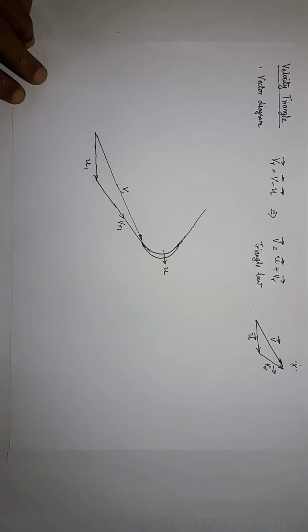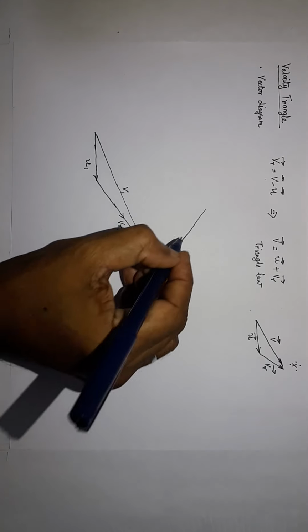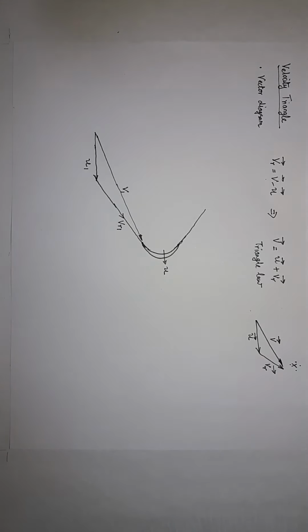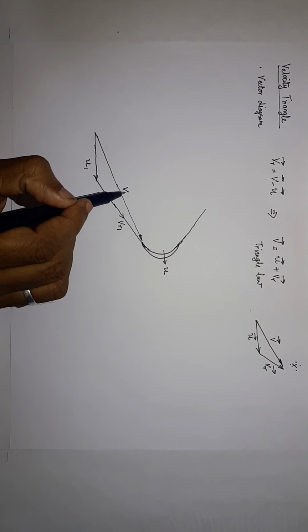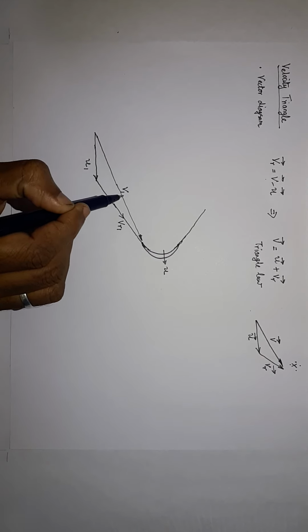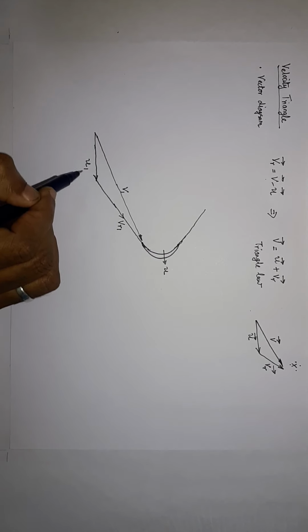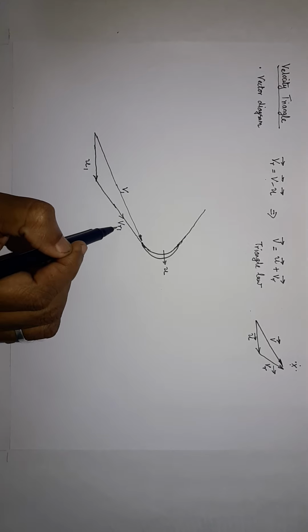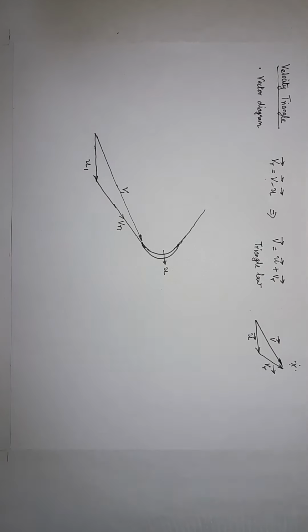If you want, you can; nothing wrong. The inlet velocity, blade velocity, and here it is the blade velocity at outlet. So this is how we have to draw the three components, namely the velocity of the liquid jet, the velocity of the blade, and the relative velocity. This is the basic thing.